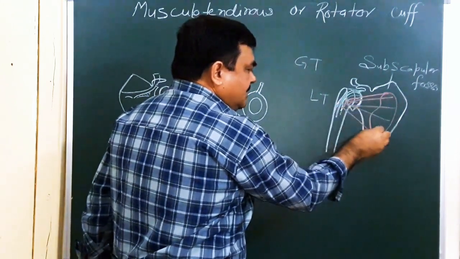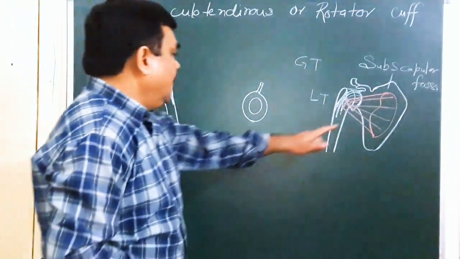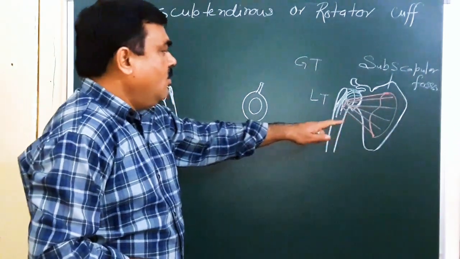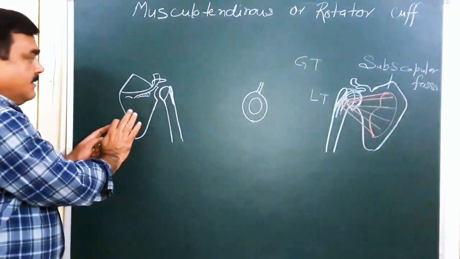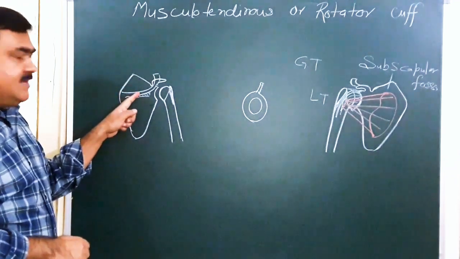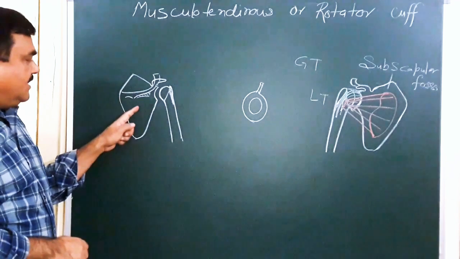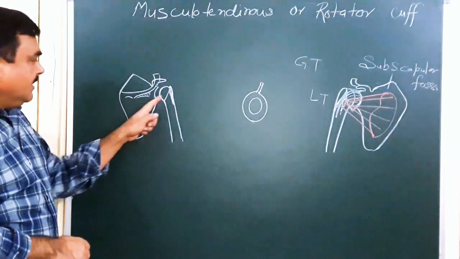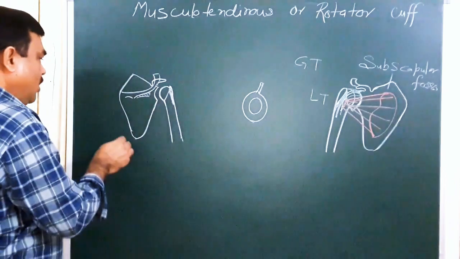So this muscle is subscapularis. This is anterior groove. Now on the posterior aspect of the scapula, you will find this is spinous process. Here is supraspinatus fossa. Here is infraspinatus fossa. This is greater tubercle of the humerus.